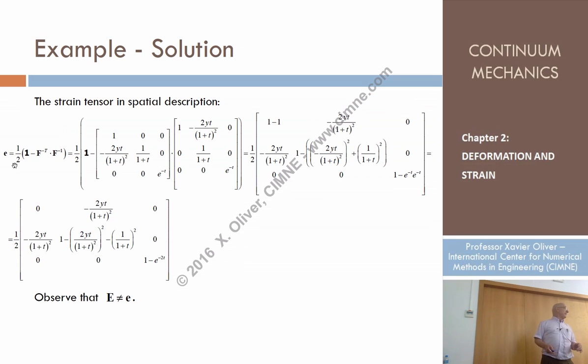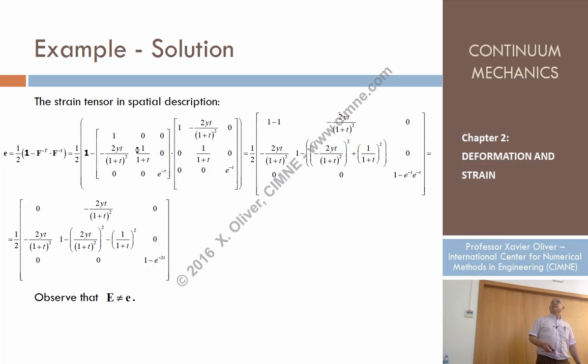the small e? So the spatial measure of strains, the spatial strain tensor. We look at the formula, and we see that e is equal to 1/2 of (1 minus F to the minus transpose times F to the minus 1). Okay, I place 1 here.